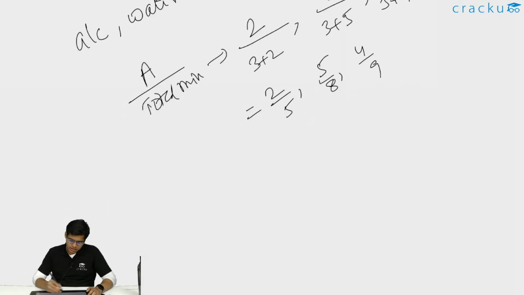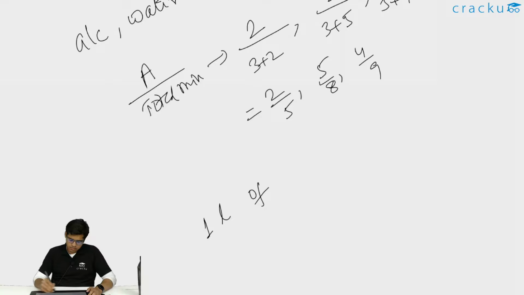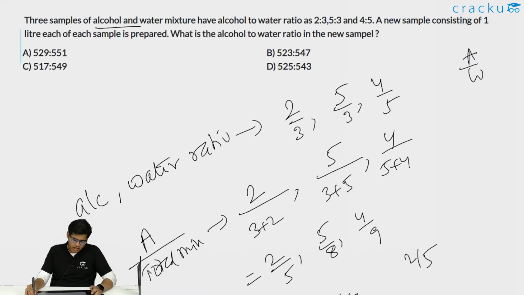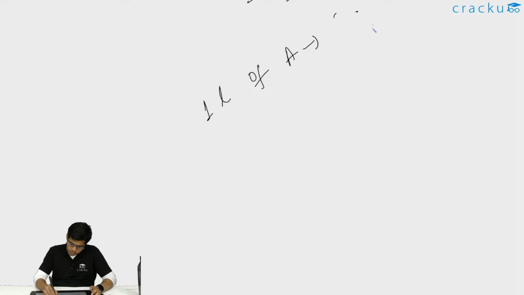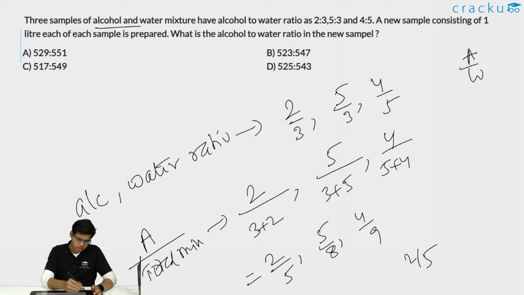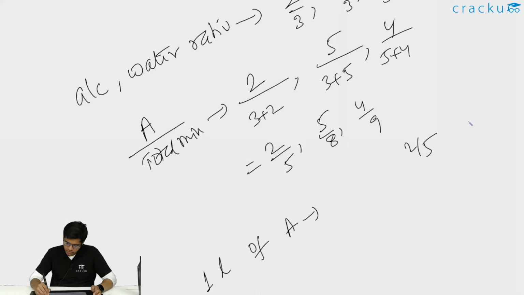So in 1 liter of A, the alcohol to total mixture ratio is 2 by 5, which means in 1 liter of A we are having 2 by 5 liters of alcohol, since the total is 1.